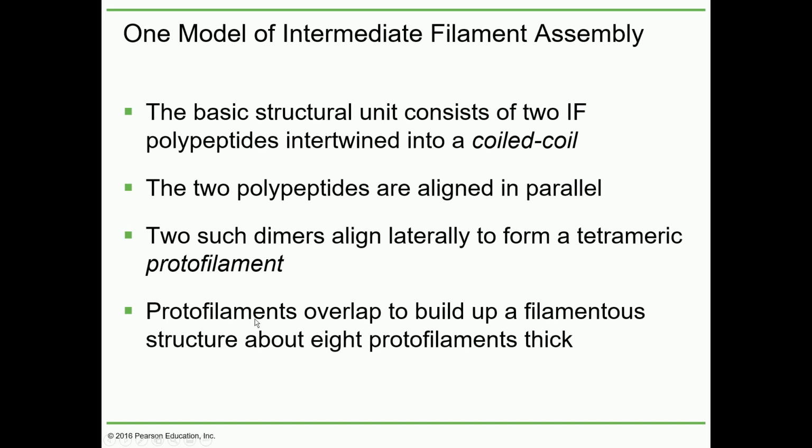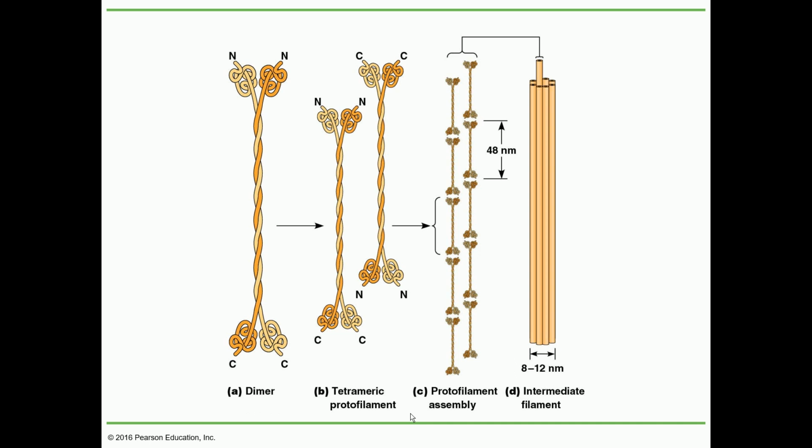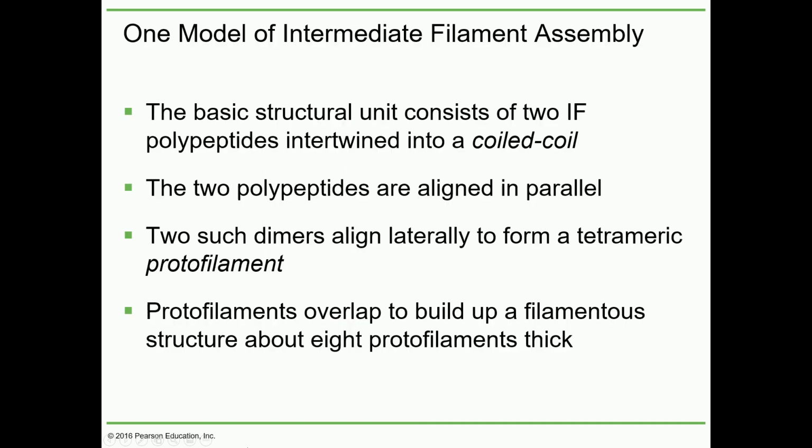And the protofilaments overlap to build up a filamentous structure about 8 protofilaments thick. So you can see here that this is the tetrameric protofilament, and then the protofilaments overlap to build up a filamentous structure which is about 8 protofilaments thick.